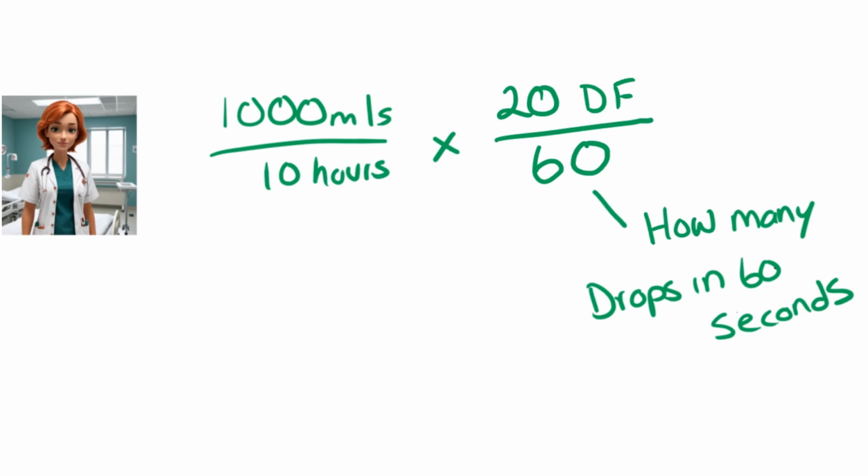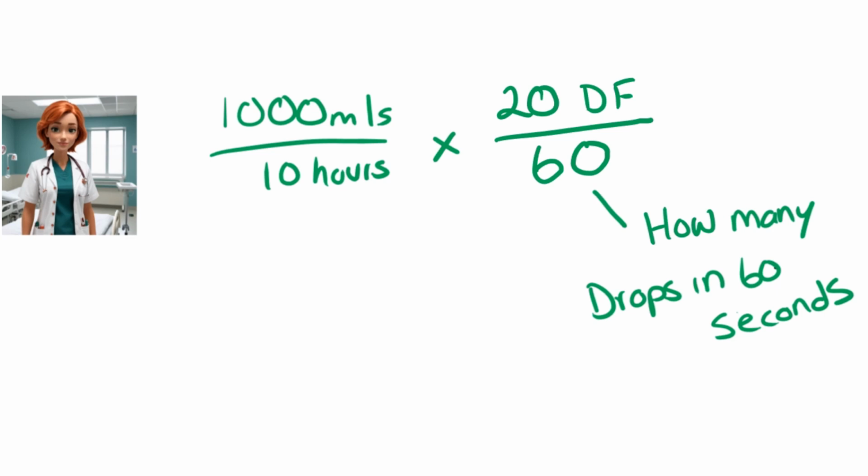The last part of the second fraction is 60. 60 stands for how many drops in 60 seconds. This vital part of the equation will allow us to work out how many drops per minute. Without the 60, we will have how many drops are required for the entire 10 hours.